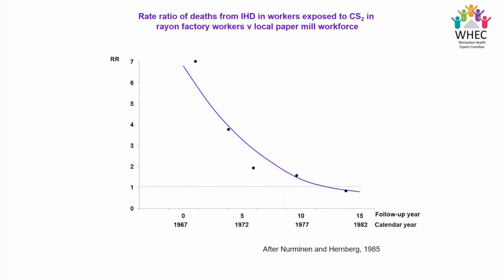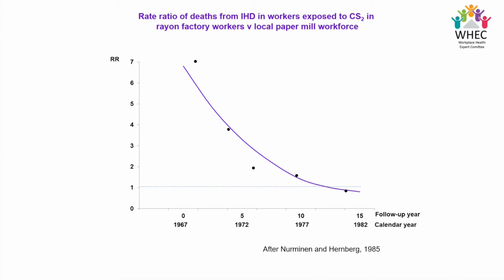And following up the mortality from ischemic heart disease in these workers, looking at a risk ratio of the comparison of deaths from those working in the rayon factory with those in a local paper mill factory, you can see that the relative risk of mortality fell from 7 to 1 during the period between 1967 and 1982.